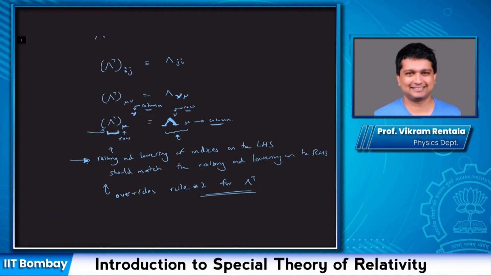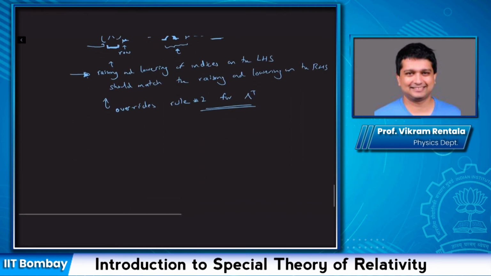Okay, and now let's see what this implies for the metric G and the indices of the metric G. So in matrix notation, we have the rule lambda transpose dot G dot lambda is G. And now let's put in indices. So let's put in just indices i and j, so let's write this as Gij.